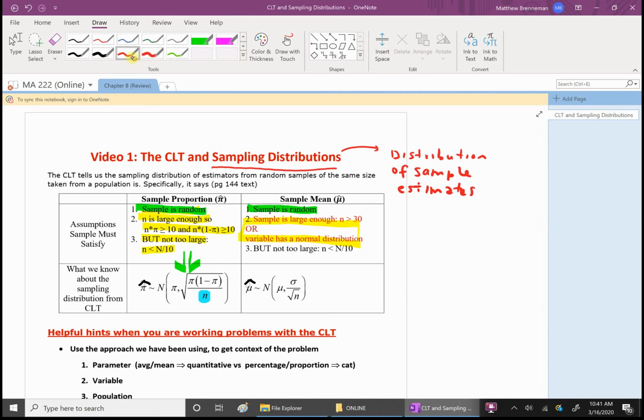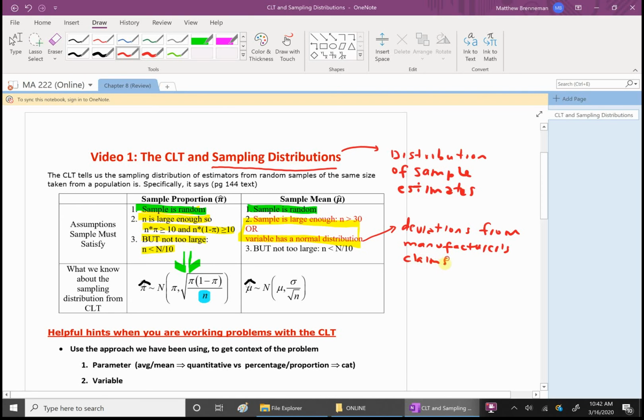And so it's important to recall what variables that we know have a normal distribution without being told. And we recall these are deviations from manufacturer's claims. So whenever something's being produced, we assume that the deviations about the average are going to have a normal distribution.